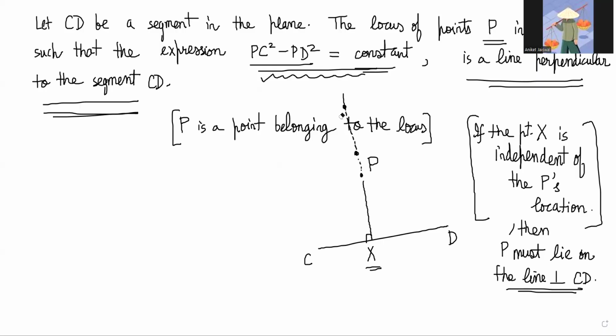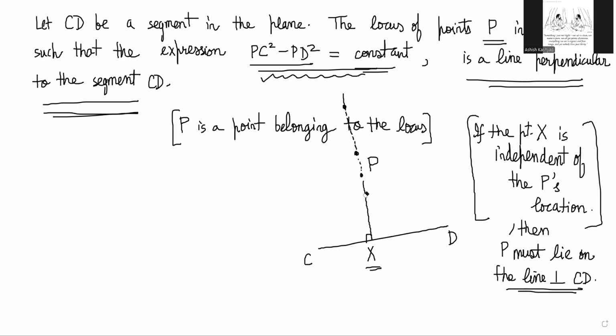Yes, sir. Any other locus you make, whatever figure you make, any other type of shape also, depending on the different position of P, the foot of the perpendicular will obviously change. Even if it's a line like this, the foot of the perpendicular will keep changing, right? The only way the foot of the perpendicular does not change, even if P's position changes, is if that line is perpendicular.